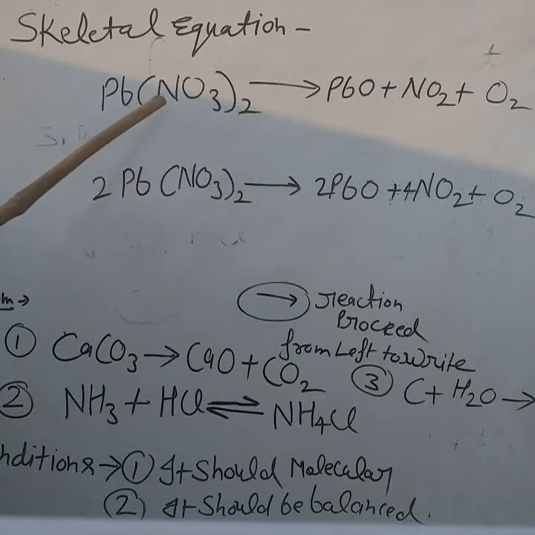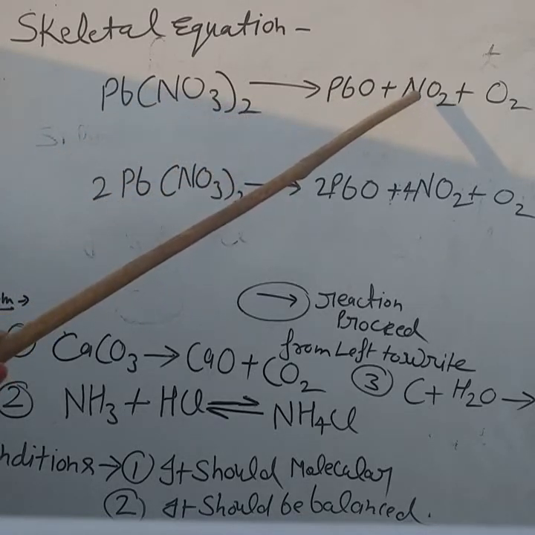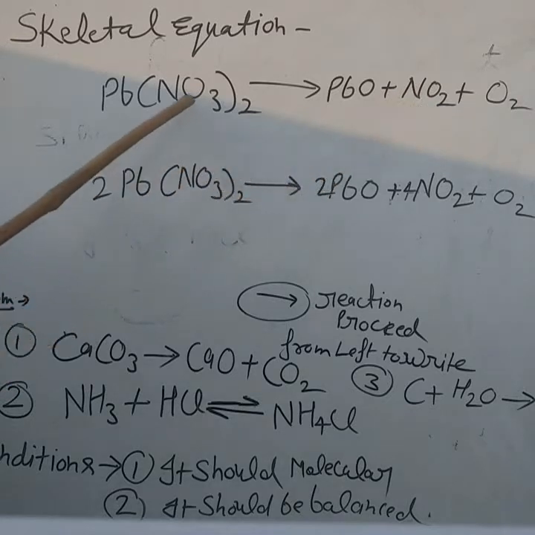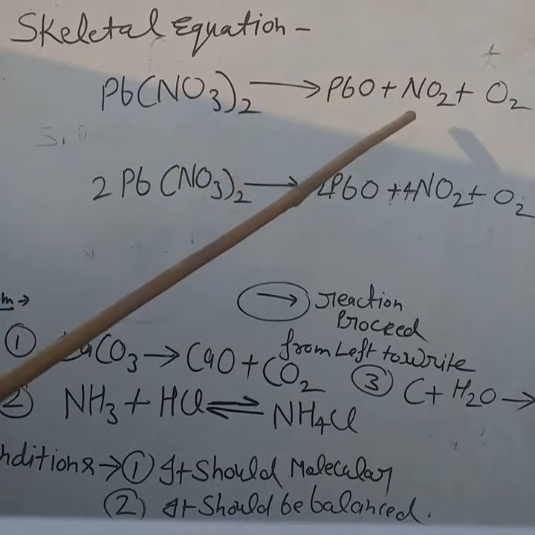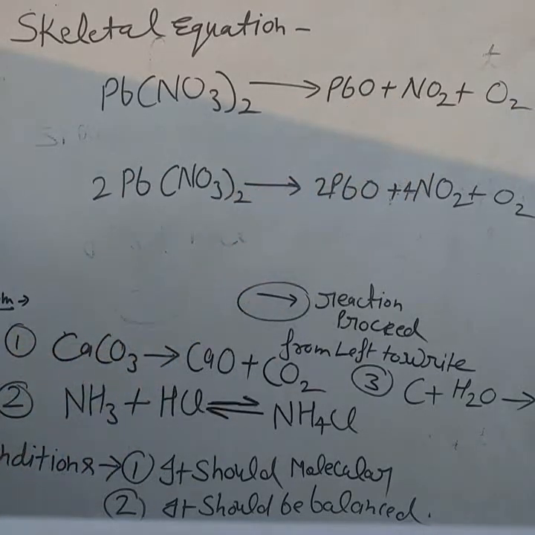The number of nitrogen is not balanced: the number of nitrogen is 2 on one side and 1 on the other. The number of oxygen is 6 on one side, 3 times 2 is 6, and 5 on the other, 2 plus 2 and 1. So this equation is called a skeletal equation.